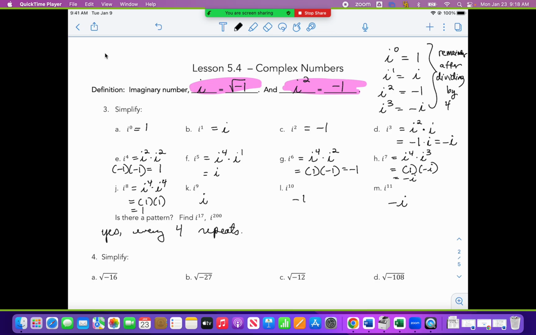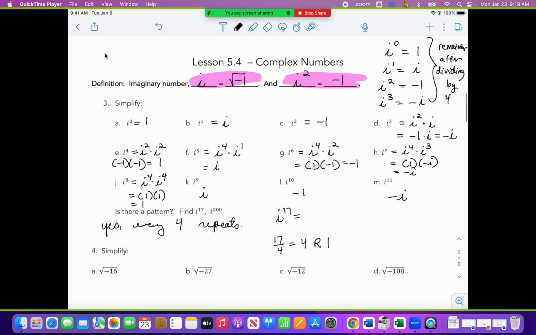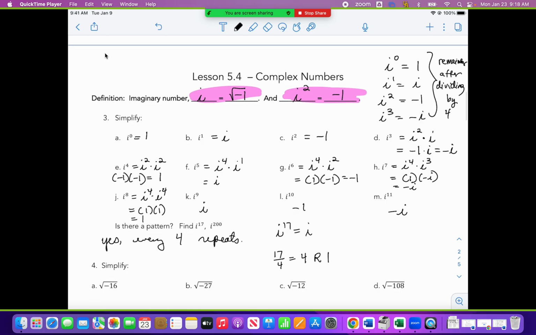So if I want to find I to the 17, here's what I do. Take 17 divided by 4. It goes in there 4 whole times. And what's your remainder? 1. So this is going to be I. This is the exponent up here.